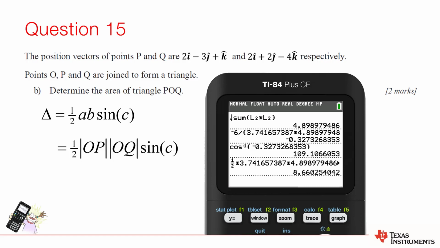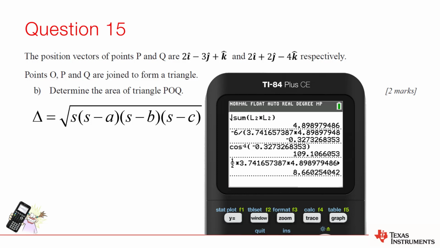Another way to work out the area of the triangle would be to use Heron's formula. For this we would need the third side, PQ, which of course is equal to OQ minus OP, or in other words, list 2 minus list 1. I'll store this in list 3.